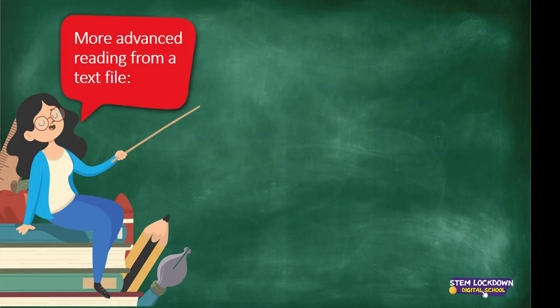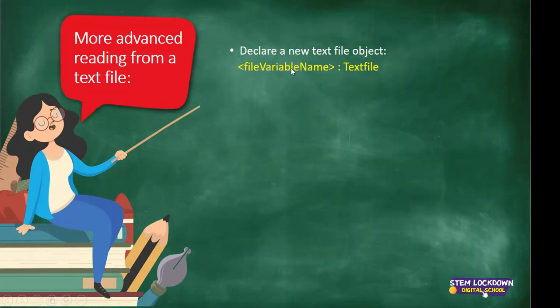Okay, so the first thing that we have to do is declare a new text file object. We do that in the var section, where we give our file a name. Now, this is not the text file. This is the text file object that we are going to create in Delphi that will eventually link to the actual text file.